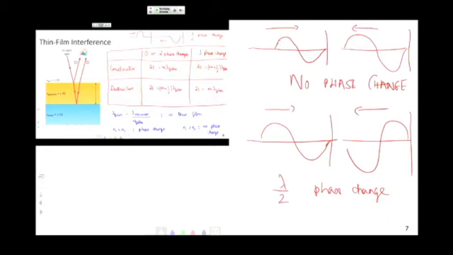So there'll be a half wavelength phase change. That means that's the condition for only one wave, ray 1, changing phase. Ray 2 is not going to change phase when it reflects here. So then the condition for constructive and destructive will correspond to the second column over here.